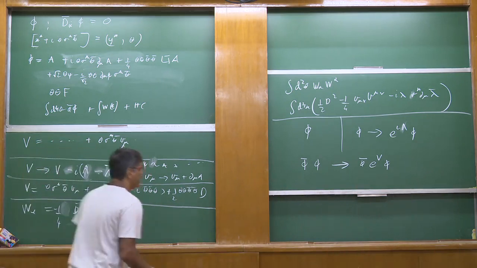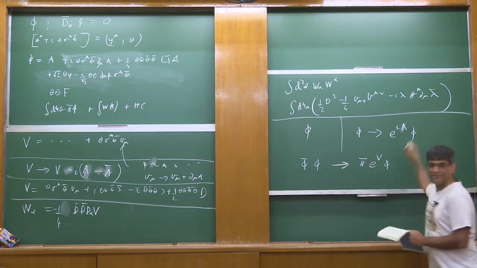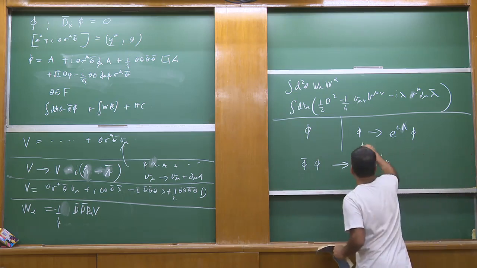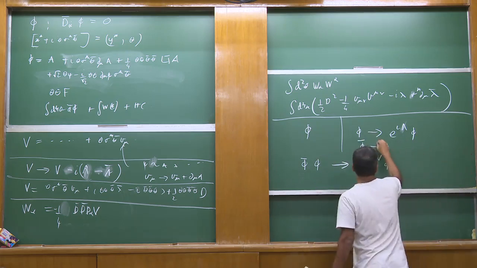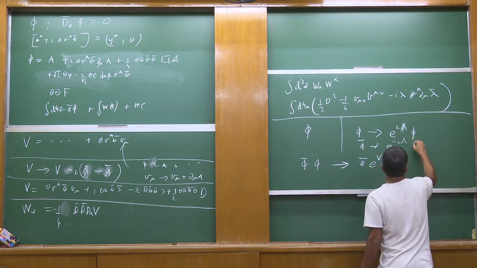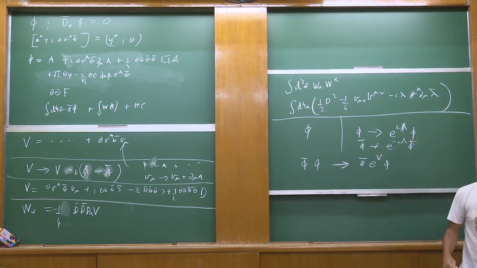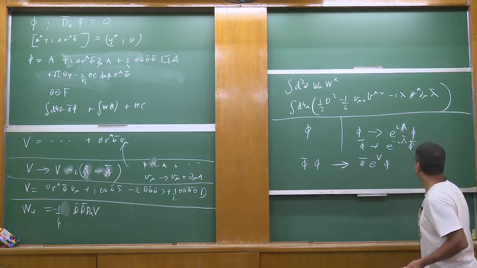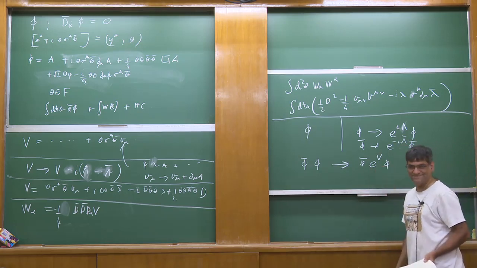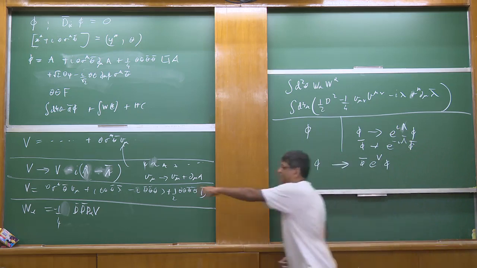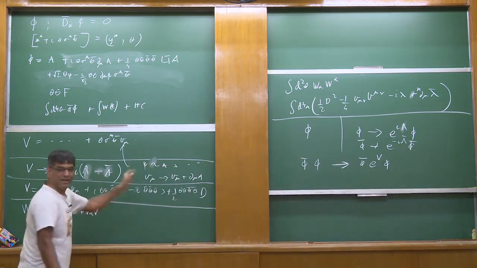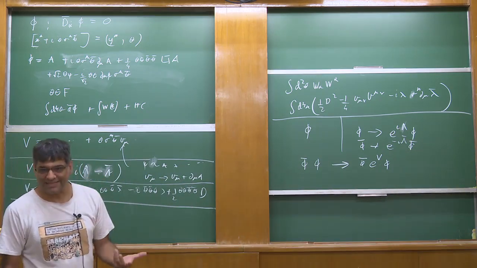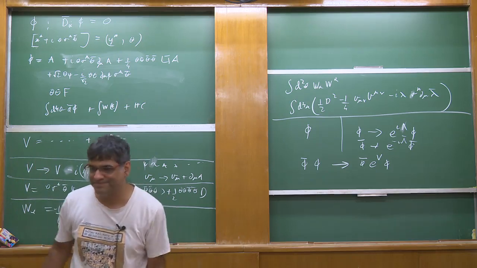So I have i lambda here. Because of this, phi bar goes to e to the power minus i lambda bar phi bar. So now if I put this in here and put in the transformation of V, which is this i lambda minus lambda bar, clearly the i lambdas cancel, the i lambda bars cancel, and we're good.